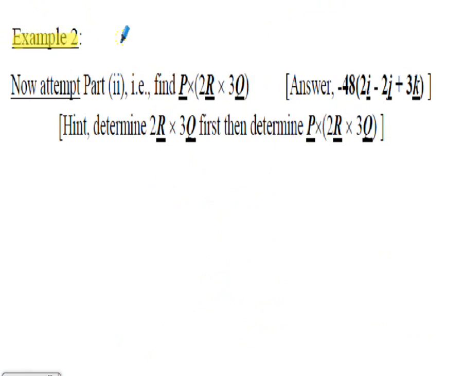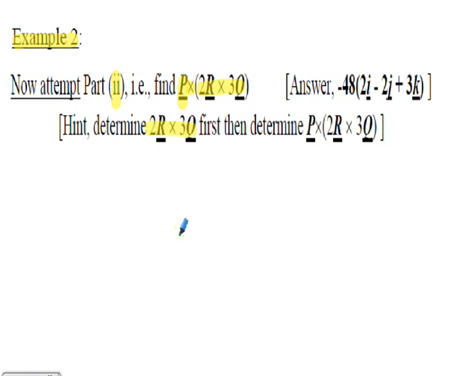Example 2 continued. I would encourage you to attempt part 2 of example 2. You've got to find vector p crossed with 2r times 3q in the brackets there. A very similar process to undertake as was performed in part 1 of example 2. As a hint, work out the 2r times 3q vector first of all.